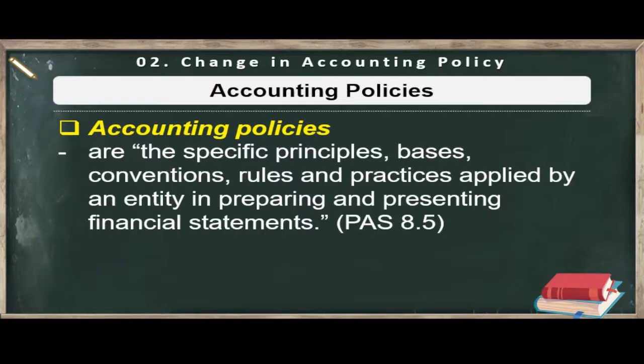So these are the rules that we have to follow so that we will be able to prepare the financial statements according to a certain standard, and it can be comparable with that of the other financial statements prepared by other companies across the globe.